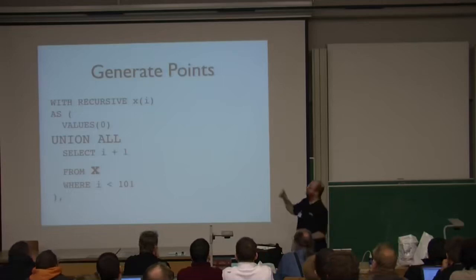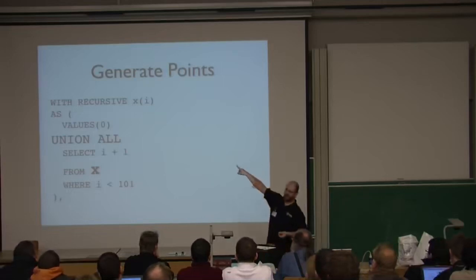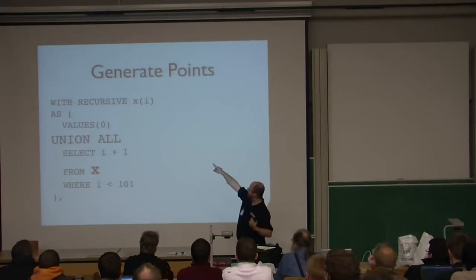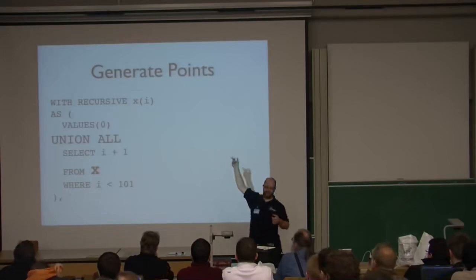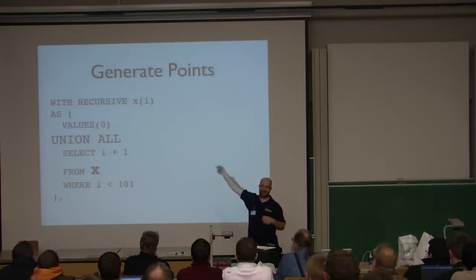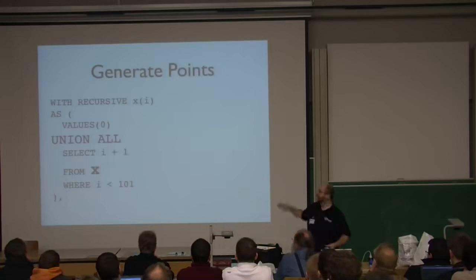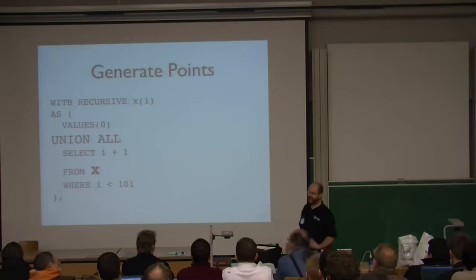With, and then recursive is an optional keyword, and that talks about whether the views or subroutines can refer to themselves. Then we define the name of the view and the names of its columns optionally. So you don't have to name the columns, you do have to name the view. So you've named the view, and then we're going to define what happens inside the view.